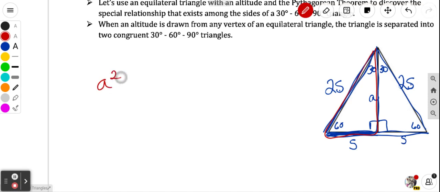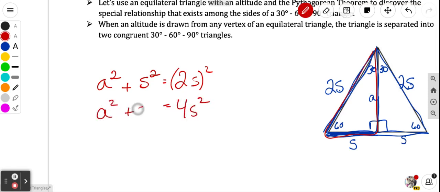We have A squared plus S squared equals 2S squared. 2S squared is going to be 2 squared is 4, S squared is S squared. So now I have A squared plus S squared equals 4S squared. Now I'm going to subtract S squared from both sides because I'm solving for A squared here. So A squared equals 3S squared.